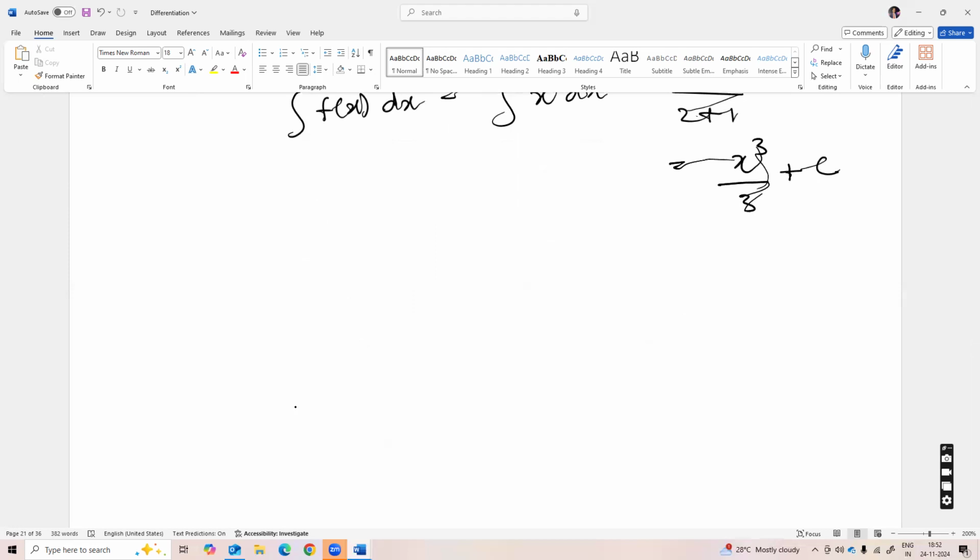Similarly, if you have to find the integration of 1 using the same formula, even though 1 is a constant, you can write it as x to the power 0, because anything to the power 0 is 1. Therefore, you can write it as x to the power 0 into dx. So here n is equal to 0.